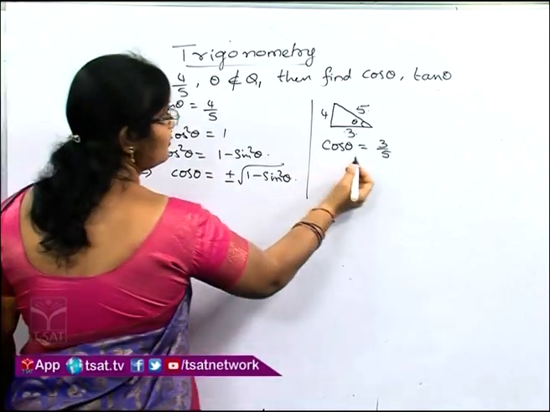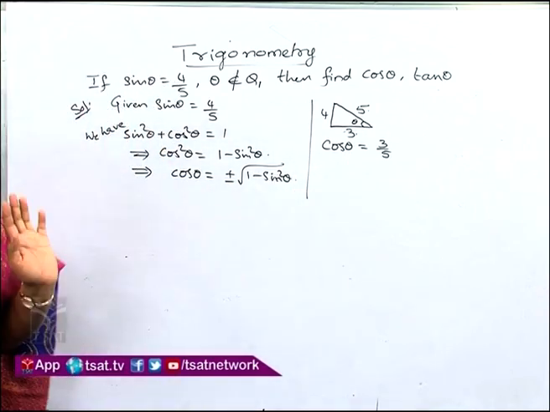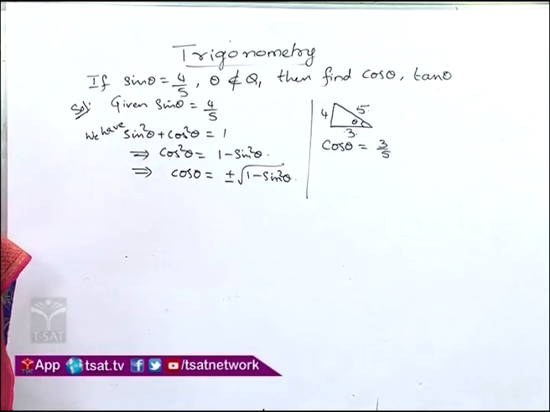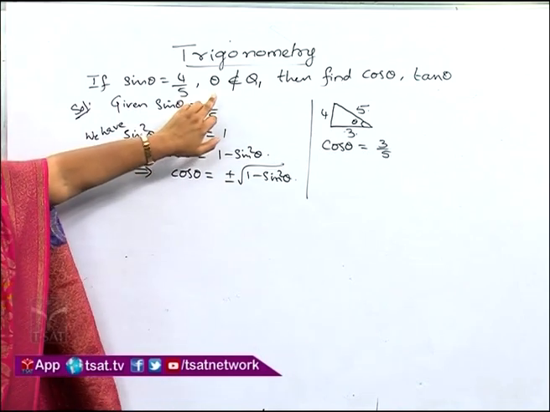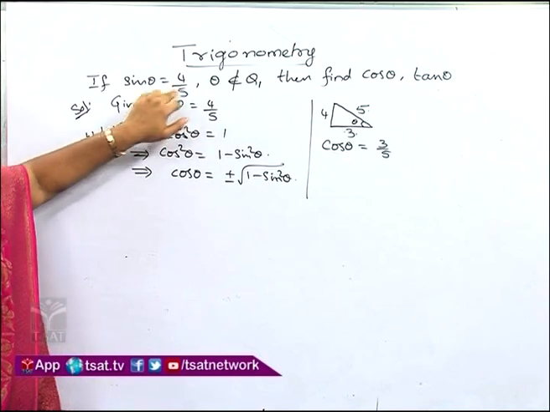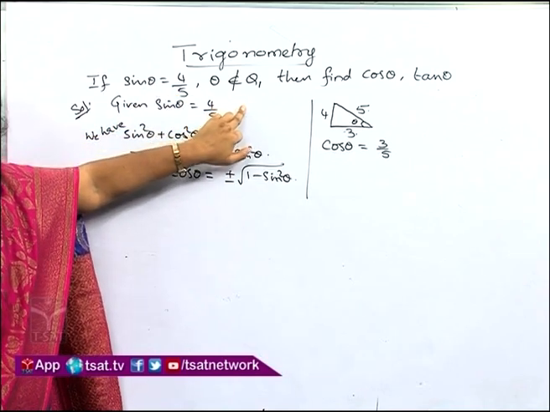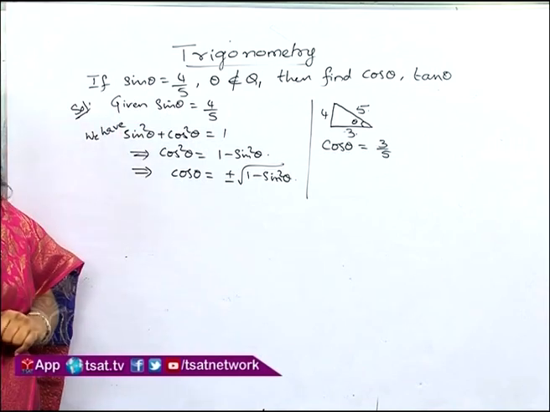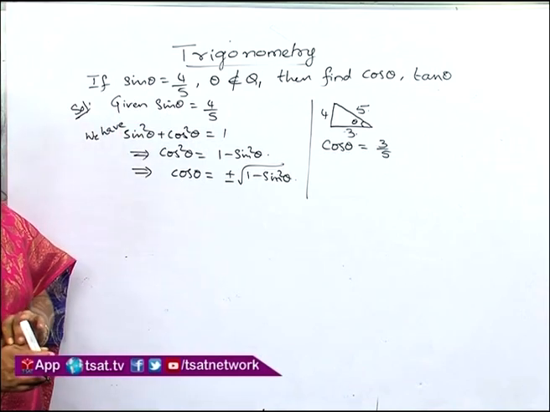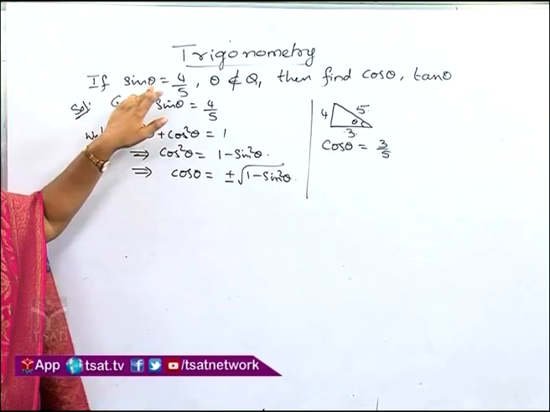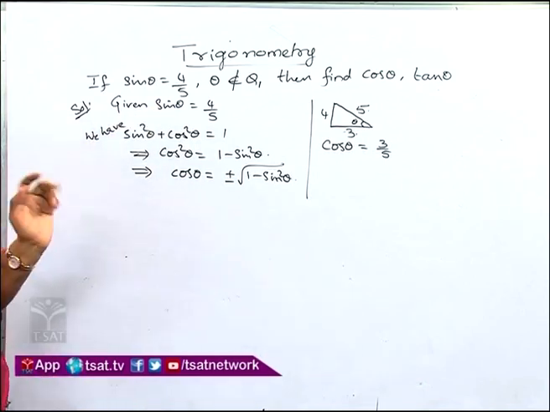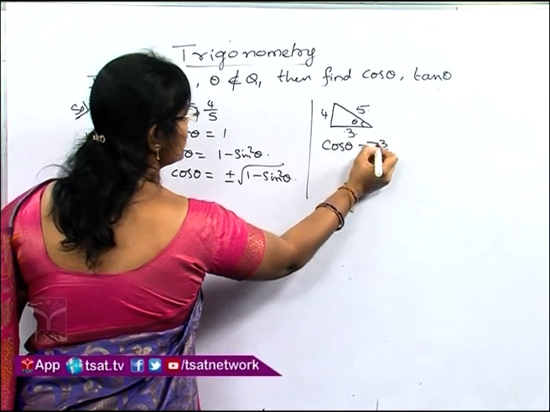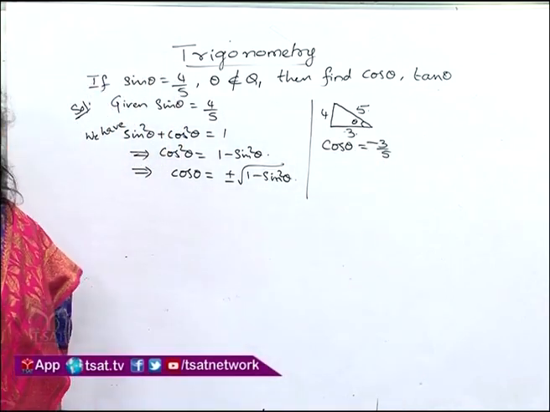Now, whether it is plus or minus, we have to check. How will we check, children? Sine is positive and it is not in the first quadrant. Another quadrant in which sine is positive, tell me, children. It is nothing but the second quadrant. In the second quadrant, sine is positive, but cos is negative, so we put a minus sign.